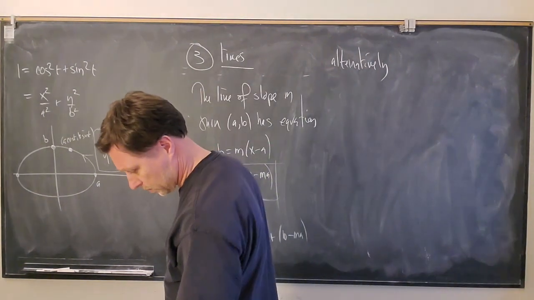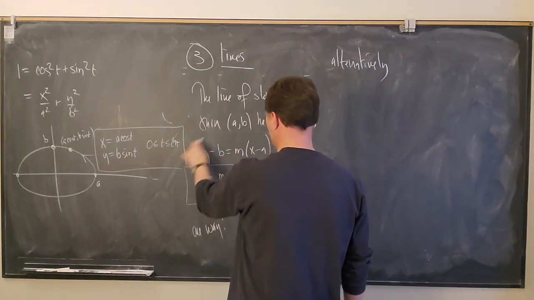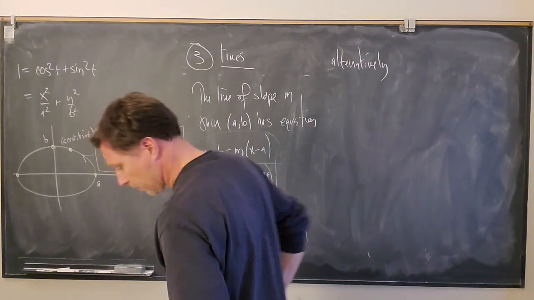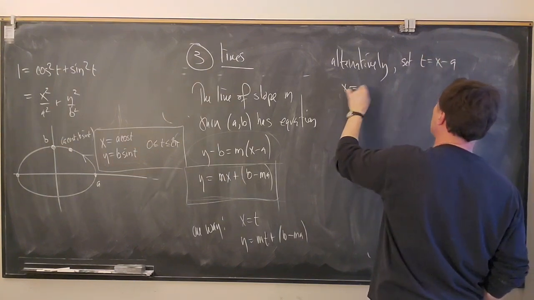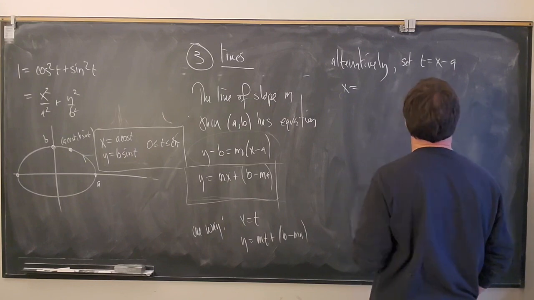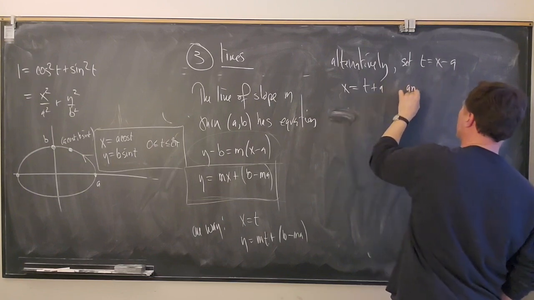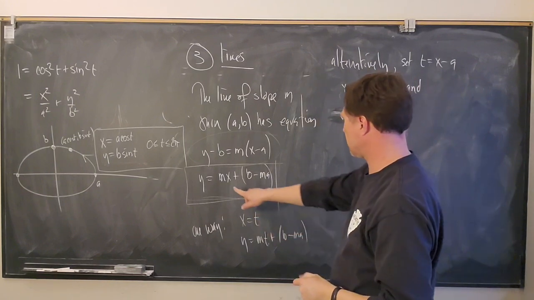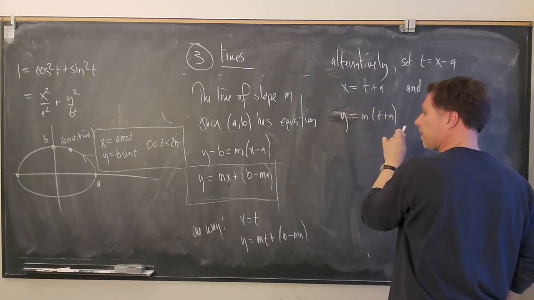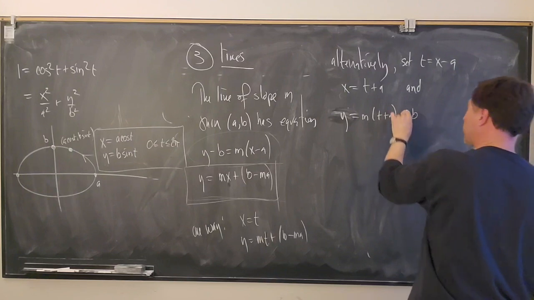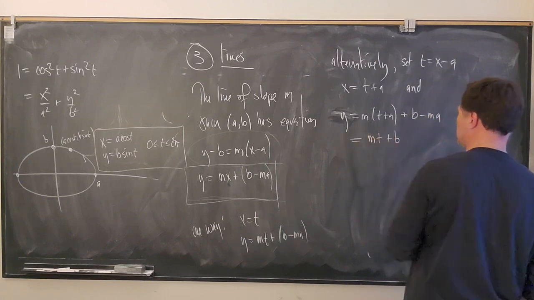I'm going to set, in this equation right here, t equal to x minus a, in which case x equals t plus a, and y equals, substituting t plus a, m times (t plus a minus b), plus b minus ma, which equals mt plus b.